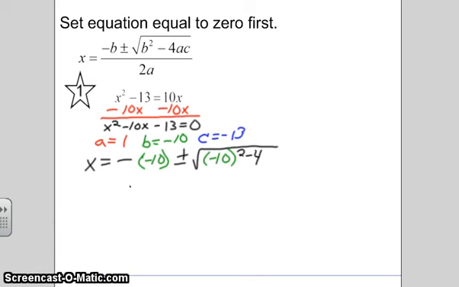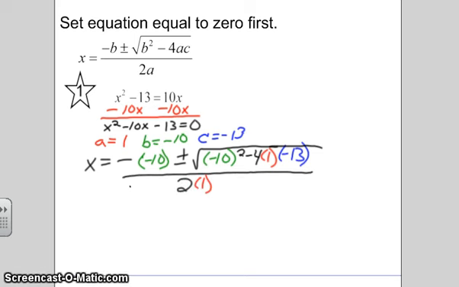Minus 4 times a, which is 1, times c, which is negative 13, all over 2 times a, which is 1. And then this has to be put in the simplest form.